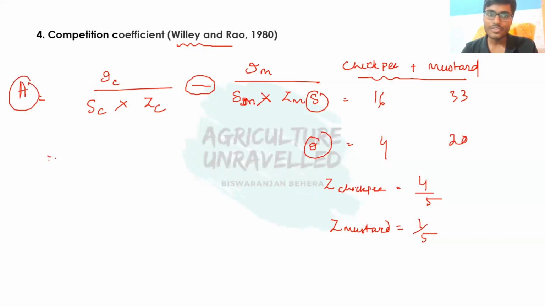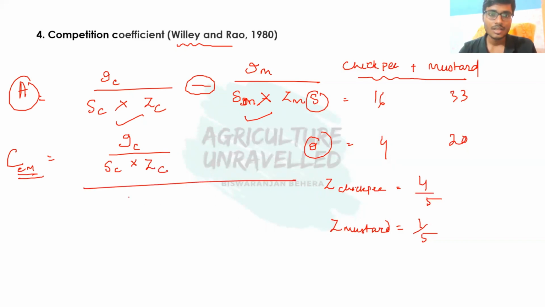But in case of the competition coefficient, we take the ratio of these two instead of this subtraction. So the competition coefficient of chickpea with respect to mustard is the intercrop yield of chickpea divided by the sole crop yield of chickpea, into the proportion of chickpea, divided by the intercrop yield of mustard divided by the sole crop yield of mustard, into the proportion of mustard. So it is the ratio of these two. Instead of subtraction, we are using a ratio. That is the competition coefficient.